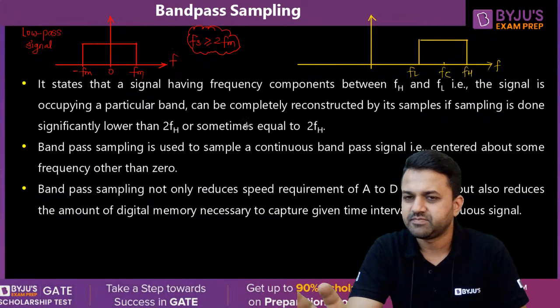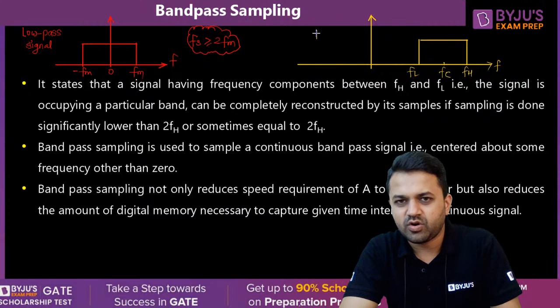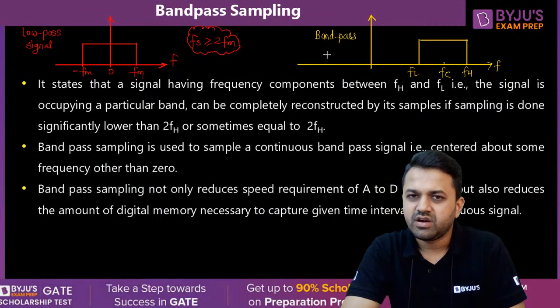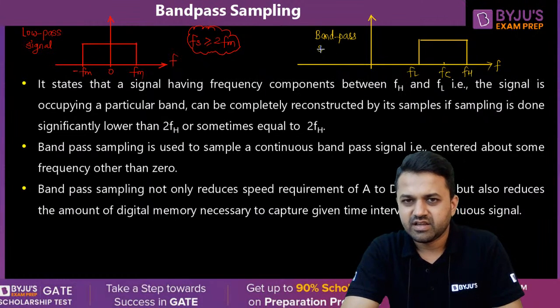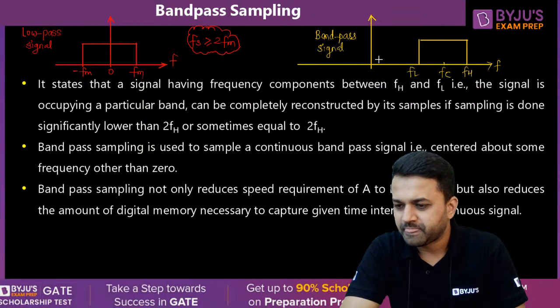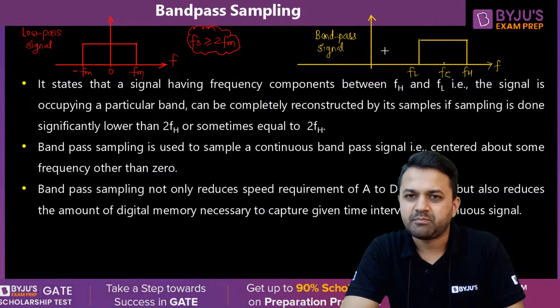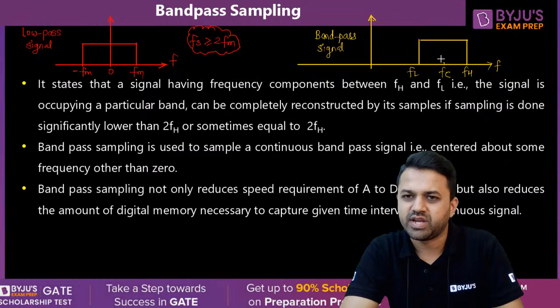So let's take fc. This type of signal is called a bandpass signal, a signal which is centered around other than 0 frequency. Then its sampling frequency we can calculate.